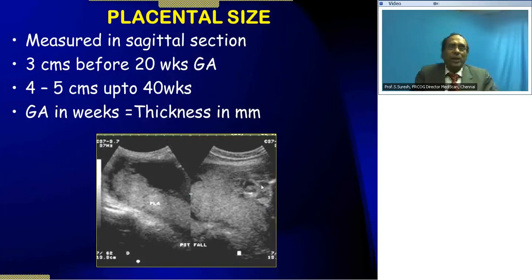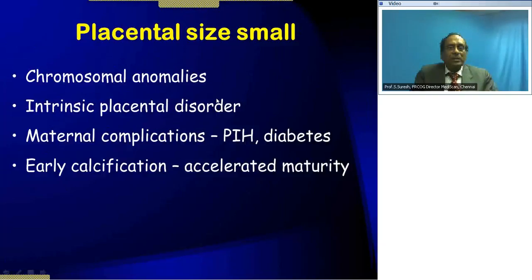Now we have seen placental size. When you look at placental size, we can divide placentas into large placentas and small placentas. When the placental size is small, we could look for chromosomal abnormalities, intrinsic placental disorders, maternal complications like PIH and diabetes.